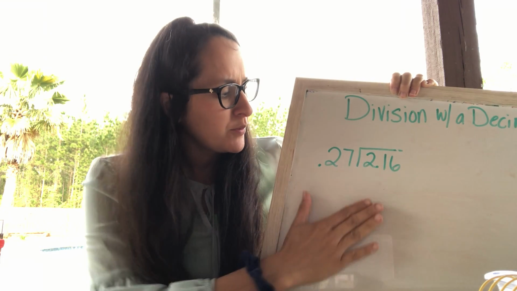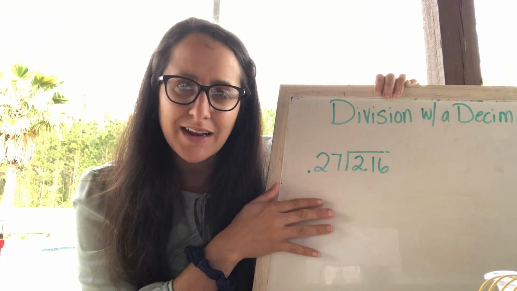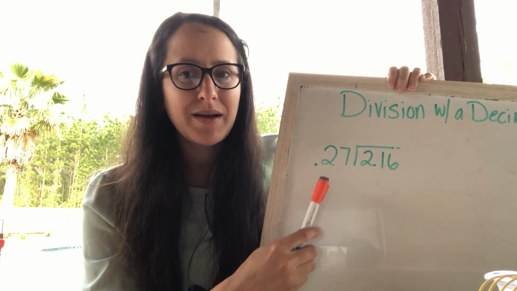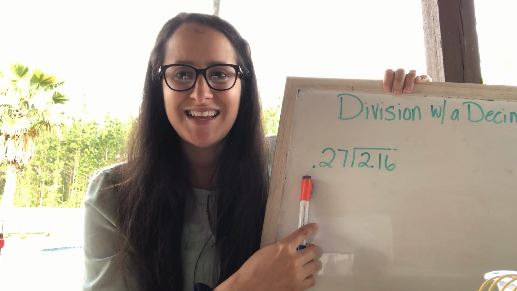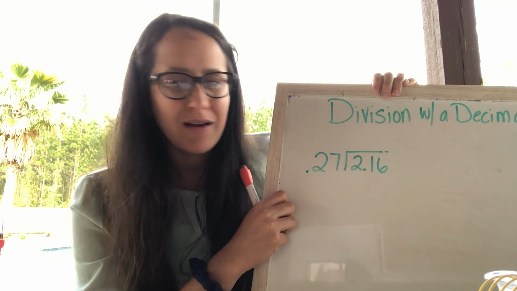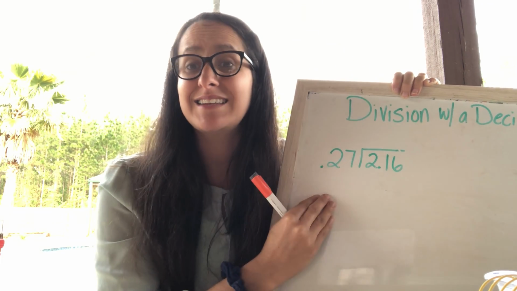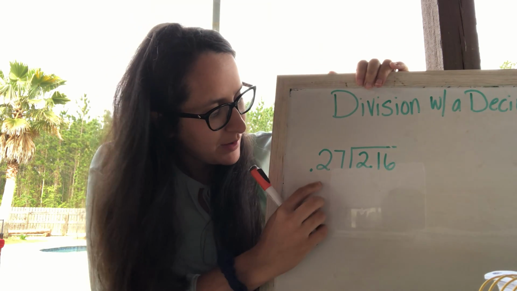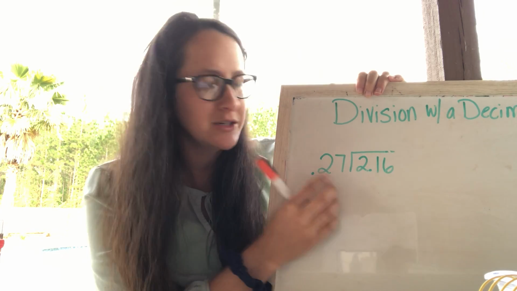Okay, so when we look at this problem, this looks kind of similar to things that we worked out before, the difference being that my divisor right here is a decimal. Haven't seen that before. And frankly, we can't do anything in the state that it's in right now. We're going to have to manipulate my divisor in order to be able to divide.